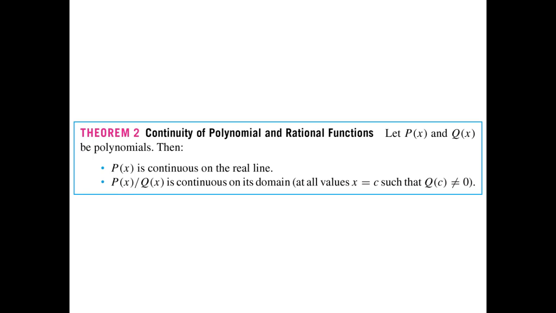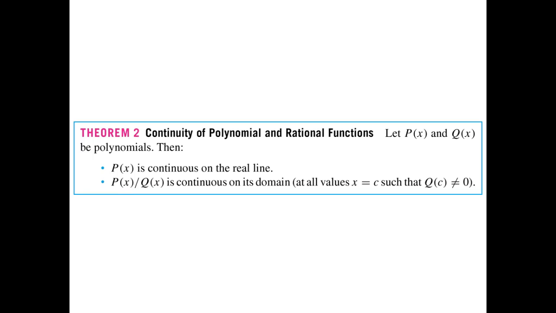Now, there was one other little snuck in part of the definition of a rational function. They don't say it here, but I think it's implied that P and Q have no common factors.